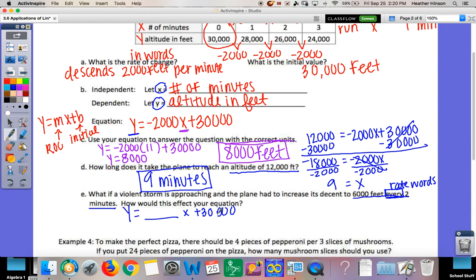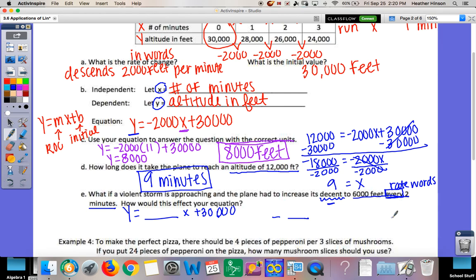So we're still going to have 30,000 for our y-intercept. We just need to find the new slope. It's increasing its descent to 6,000 every 2 minutes. So descending, that means it's going to be negative 6,000 feet every 2 minutes.